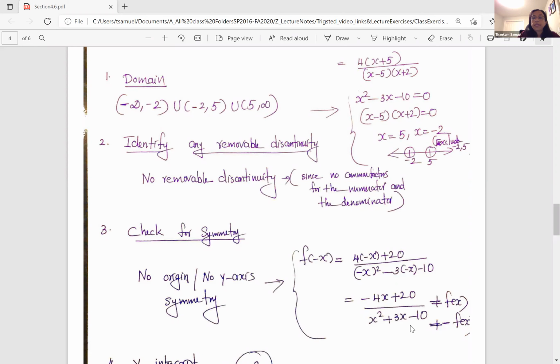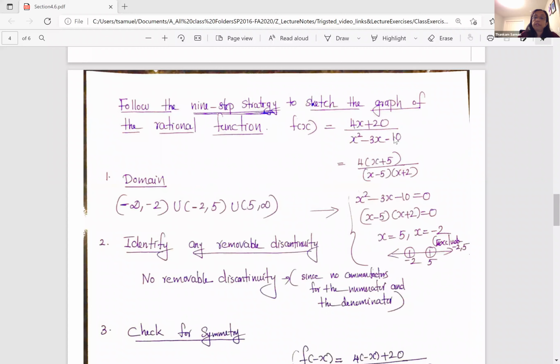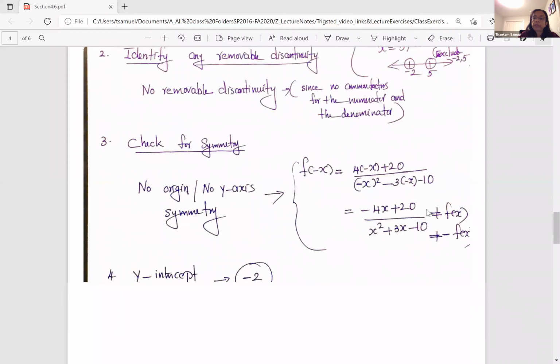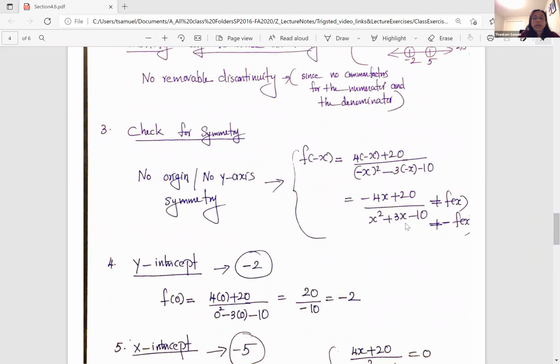You can see that this is not the same as the original function, and it is not the opposite of the original function either. So we can conclude that there is no origin or y-axis symmetry.